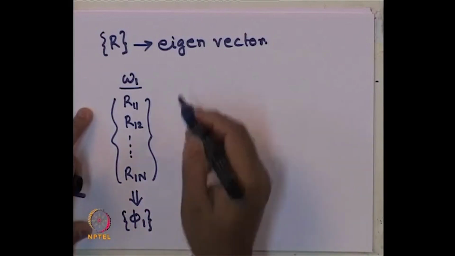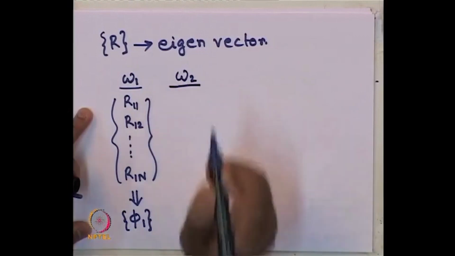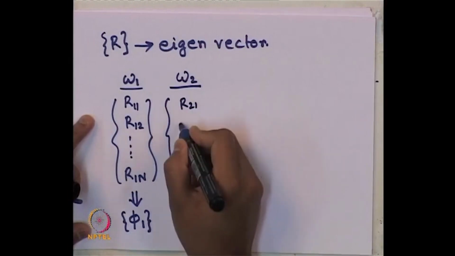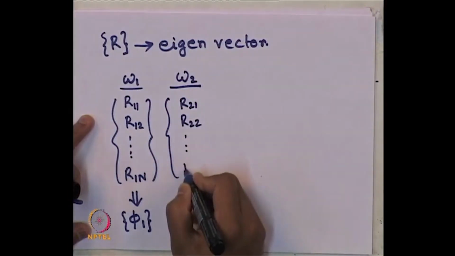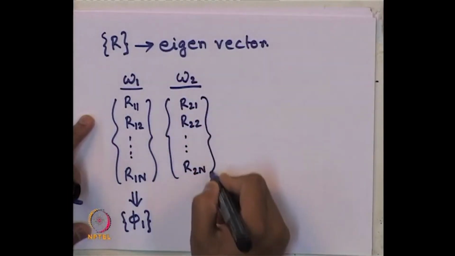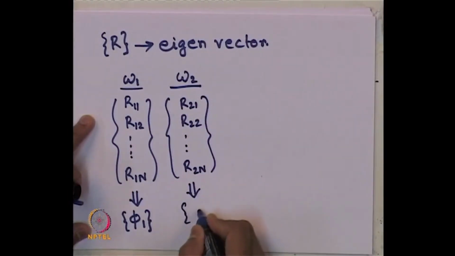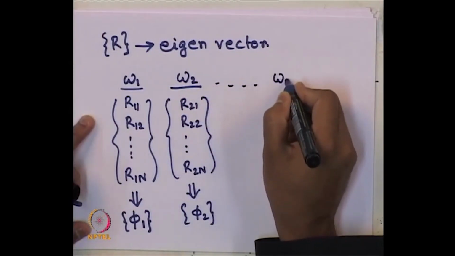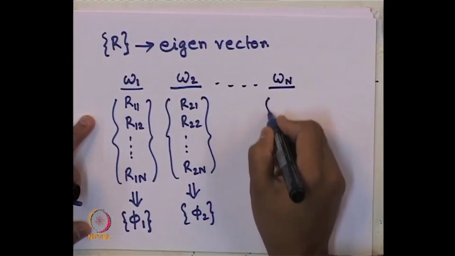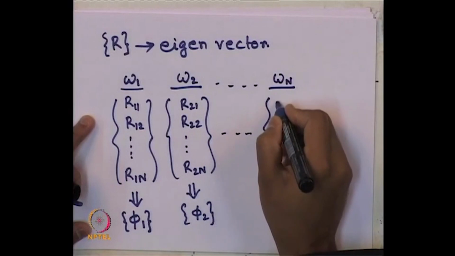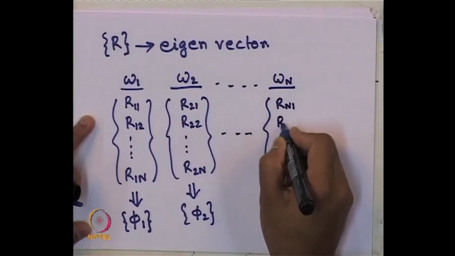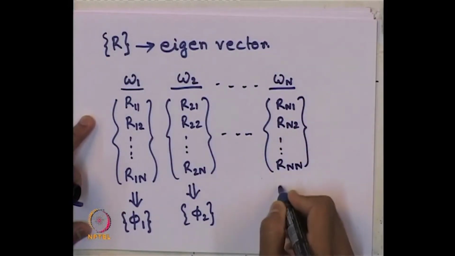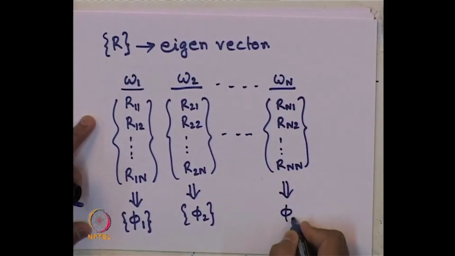Similarly, corresponding to eigenvalue omega 2, we will get r 21, r 22 up to r 2n, which will give us phi 2. Like that, for omega n we will get r n1, r n2 up to r nn, which will give us phi n.